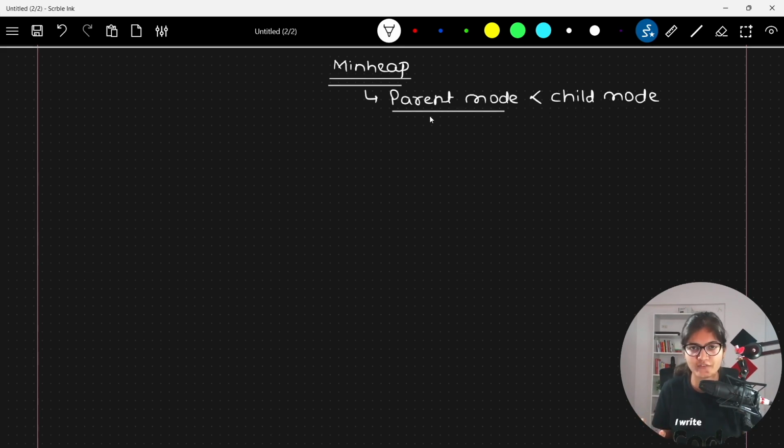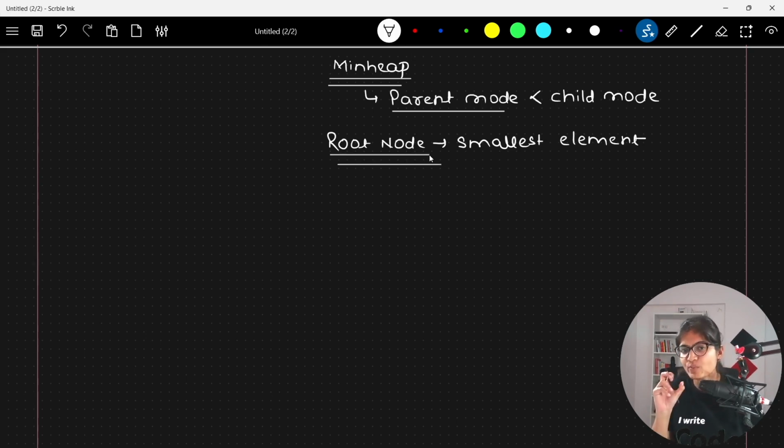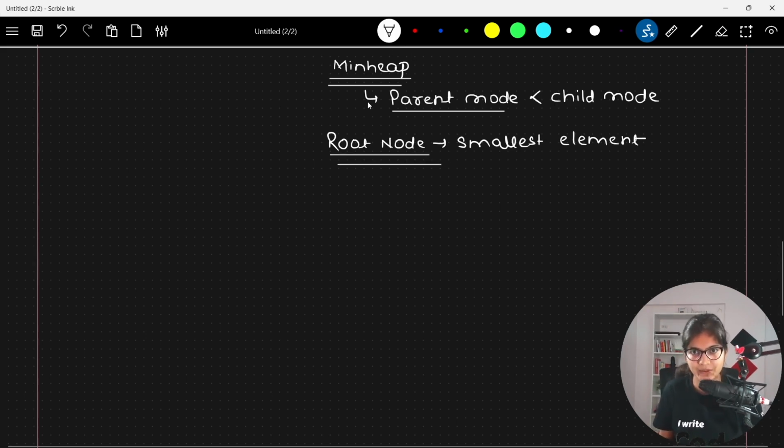That is the simple meaning of a Minheap tree. It means the root node will contain the smallest element out of all the nodes that we have. So the root node will always contain the smallest element in case of a Minheap.